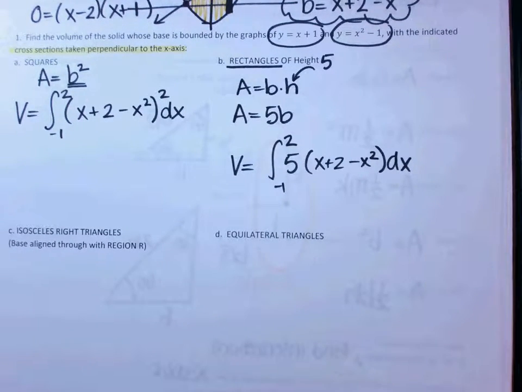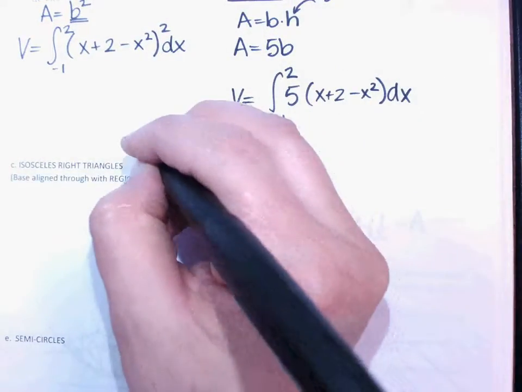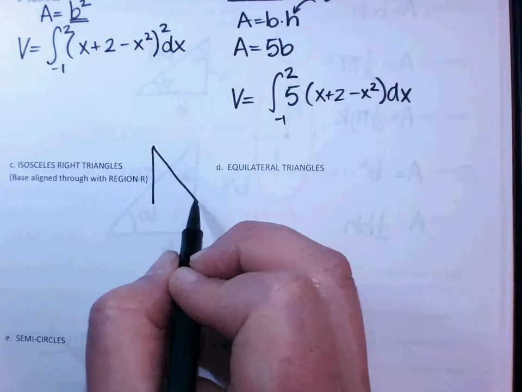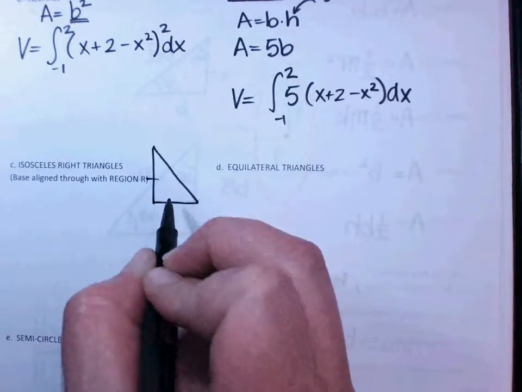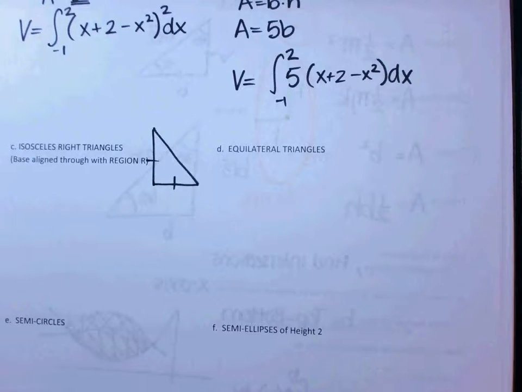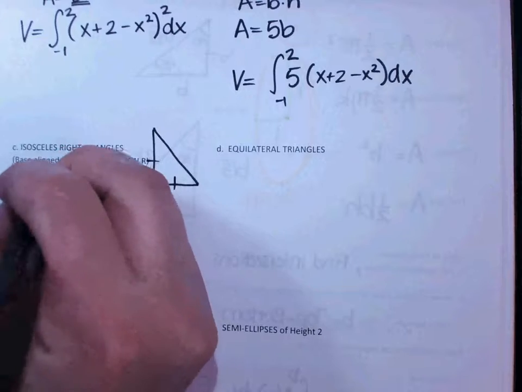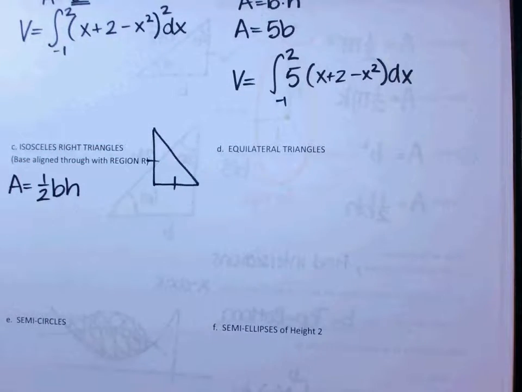Okay, look at letter C. I want an isosceles right triangle. Draw for me an isosceles right triangle. Pretend those two sides are the same, even though they're not really. How do you find the area of just any triangle? Doesn't matter what kind. 1/2 base times height. If this is isosceles, two sides match.